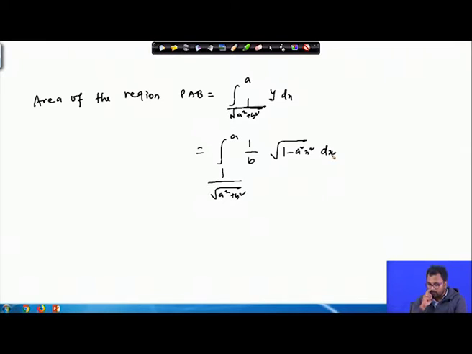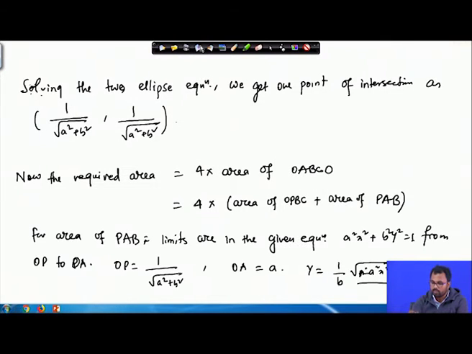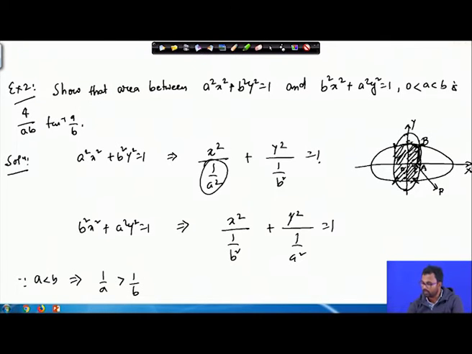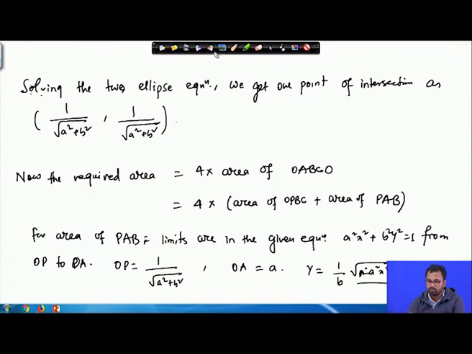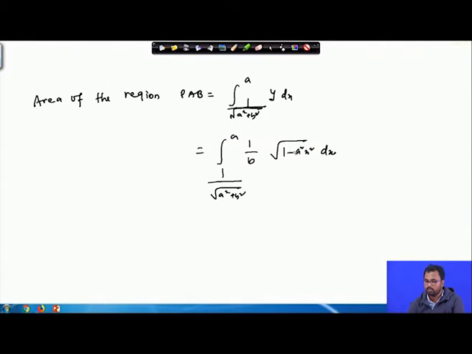And similarly, we will calculate the area of this region by integrating from 0 to 1 by square root of A square plus B square, and then we will take the curve y from here. And now we have to find the integration of this thing here.